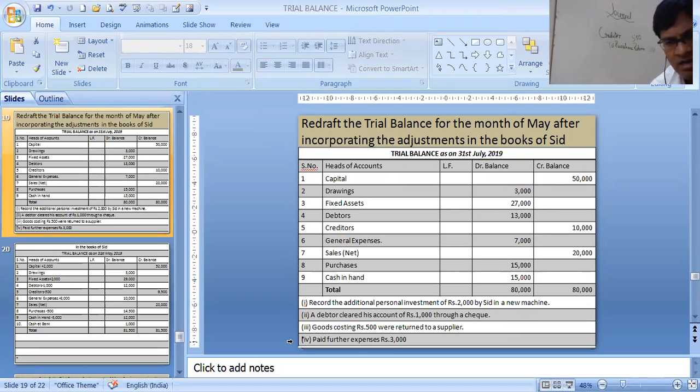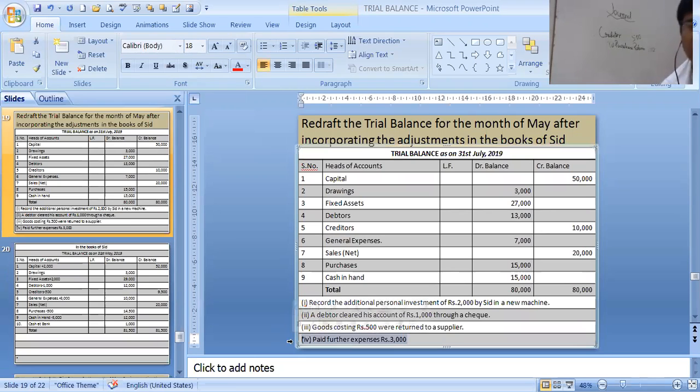Next one, paid further expenses rupees 3,000. Further expenses we have paid, so it's an expense. Let's see the journal entry for further expenses. The journal entry will be expense account debit to cash. It is not mentioned whether it is paid through check or anything else, so I can take cash only.